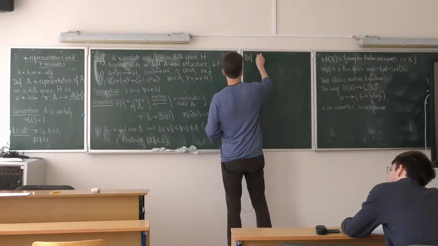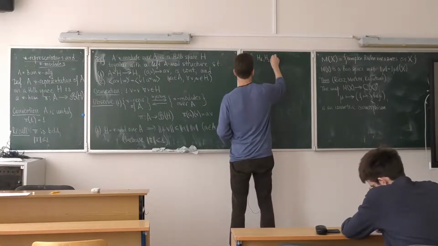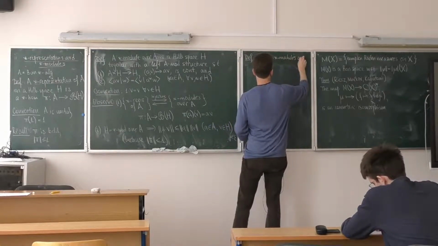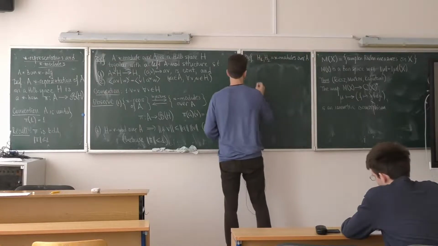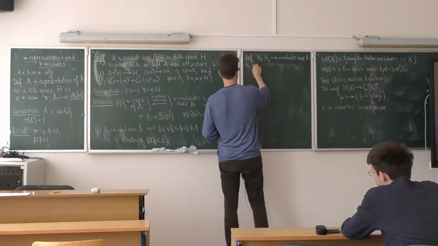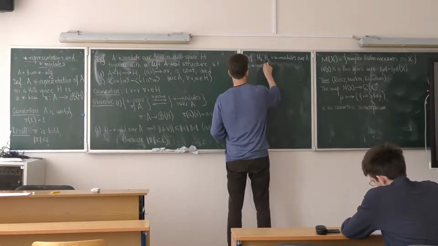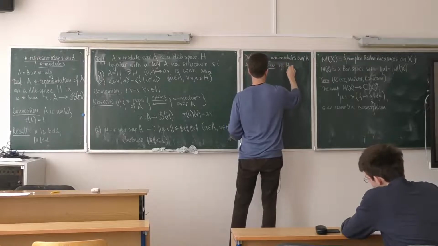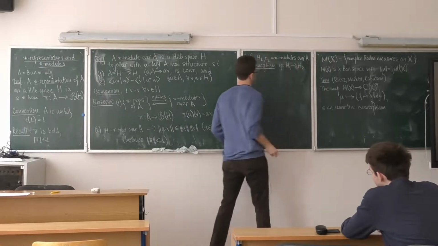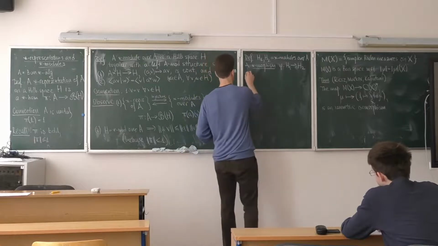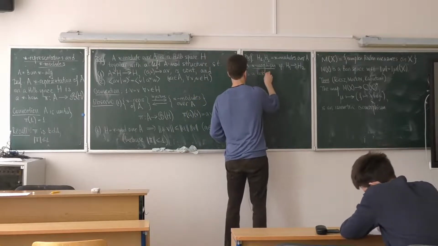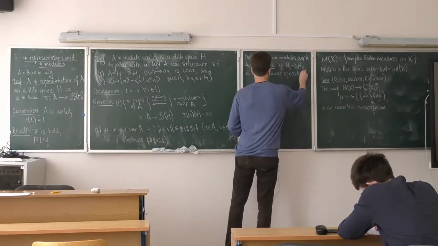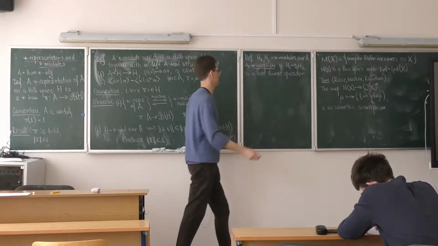Here we have two star modules, H1 and H2, star modules over A. Then a star morphism, or just a morphism, phi from H1 to H2 is a bounded linear operator which is an A-module morphism.